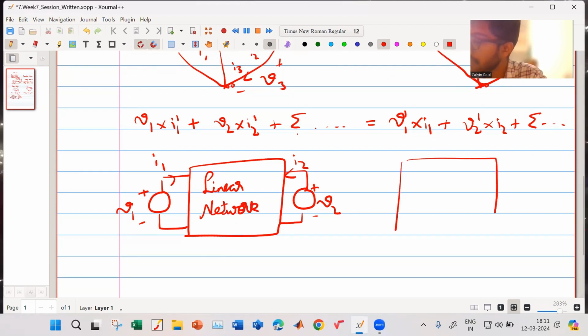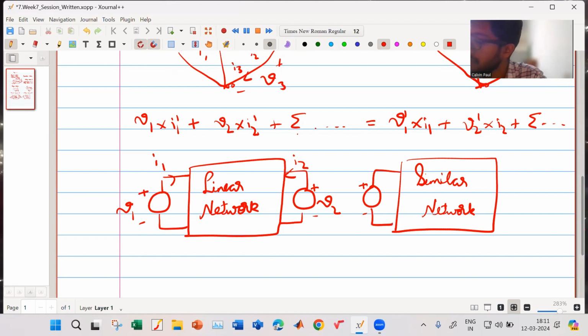Similarly, we have a similar network of the same topology. This is your V1 dash and this is your I1 dash. And this is your V2 dash and this is your I2 dash.